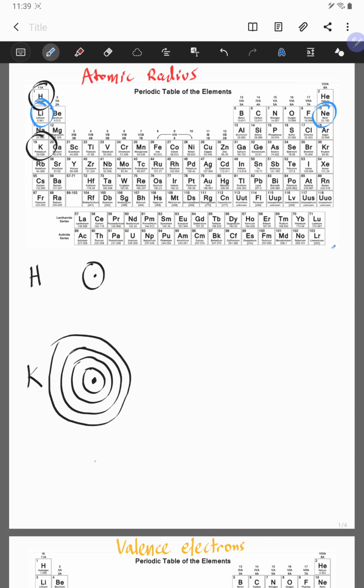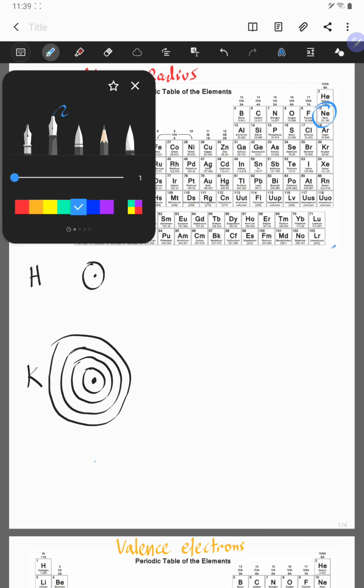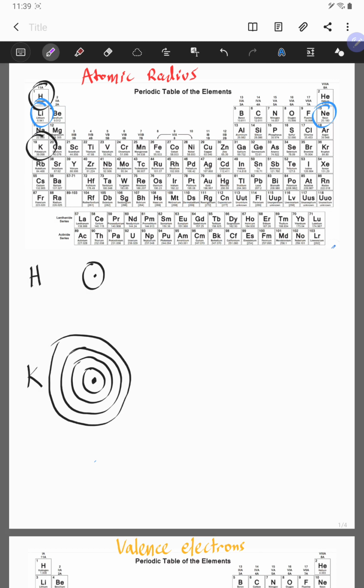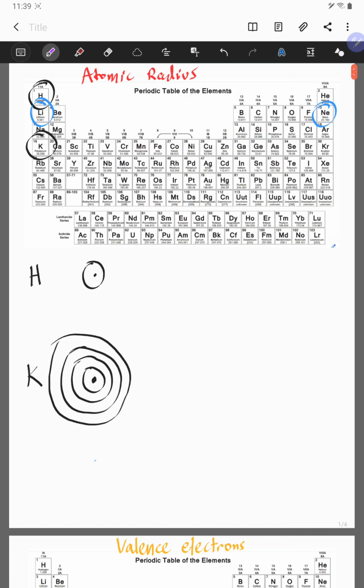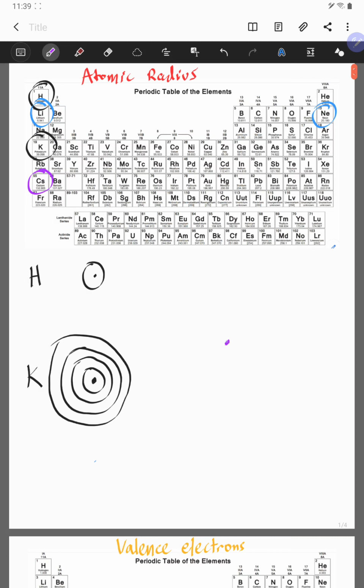Let's try another example. Let's do cesium here. What does that one look like? Is that going to be bigger than hydrogen? Is it going to be bigger than potassium? Let's think about it. For cesium, we've got our protons and neutrons, and maybe it's a slightly bigger nucleus because it has 55 total protons, but that's not really much of a concern.